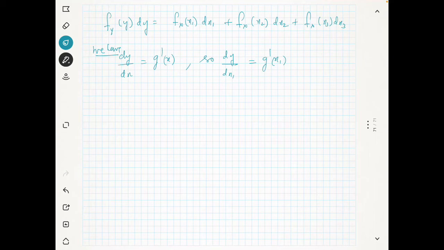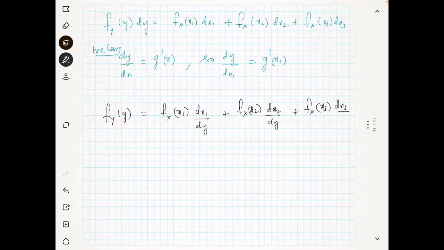So now we have fy of y into dy. I will remove this dy from here and write only fy of y. This is nothing but fx of x1 into dx1 divided by dy, plus fx of x2 into dx2 divided by dy, plus fx of x3 into dx3 by dy.